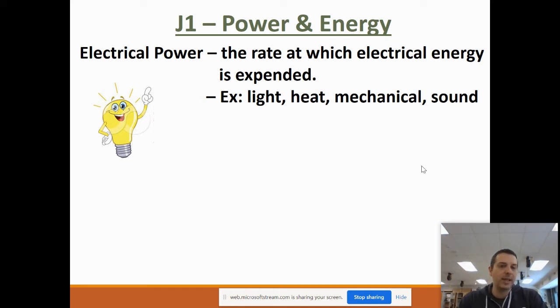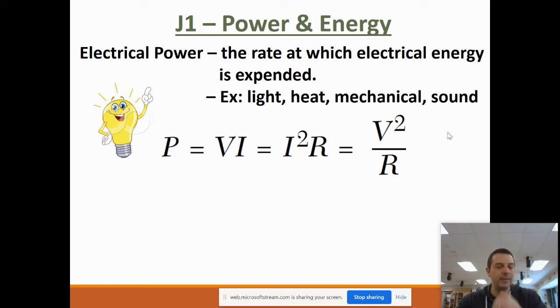And we want to be able to relate how much energy and power is being output by electrical devices based on how much voltage, current, and resistance is associated with it. So we have an equation that relates the current, voltage, and resistance, depending on which way you're looking at it, to the power being expended. This is in your reference tables, or at least the first part: power is equal to voltage times current.